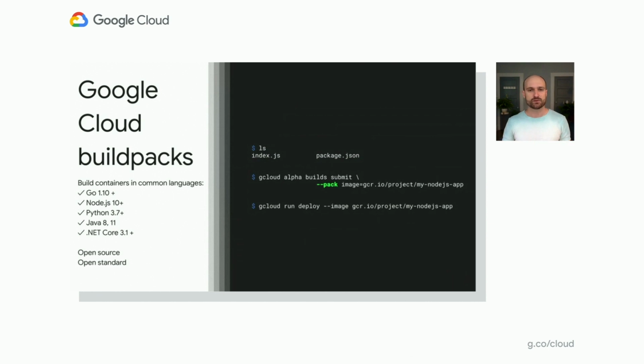If you see the example on the right, my source code doesn't contain any Dockerfile, and I'm able to build it with Cloud Build using the --pack command into a container that I can then deploy to Cloud Run. Those buildpacks are open source, and buildpacks are a CNCF open standard that are used by many vendors. So we are very proud to have them today to help you build containers.